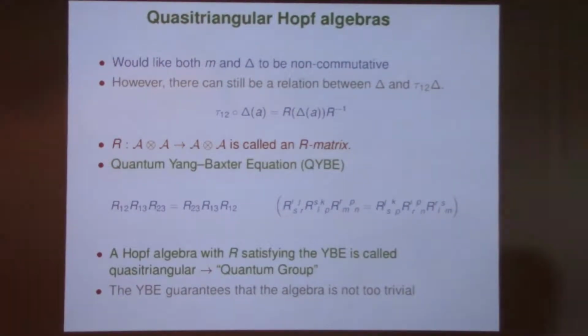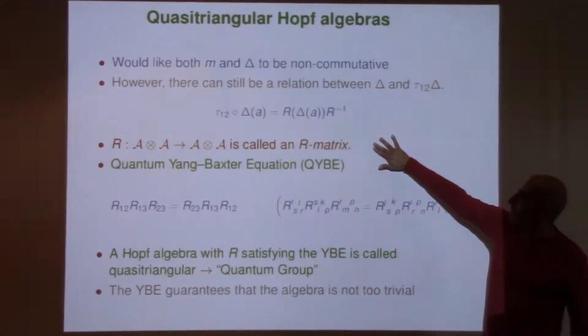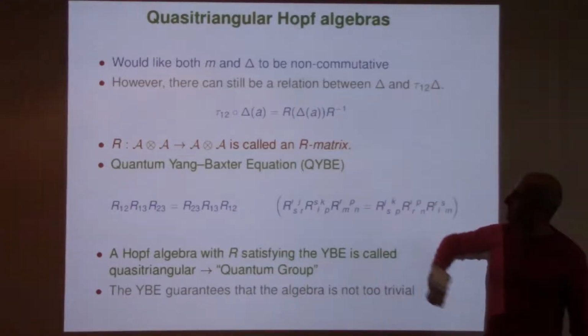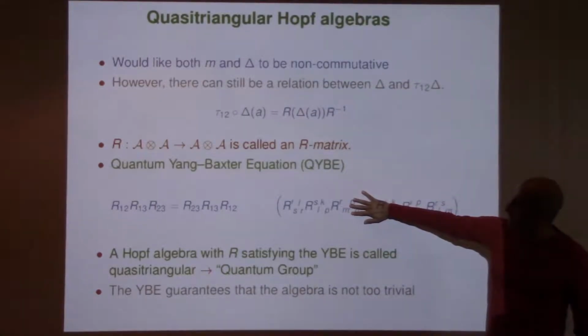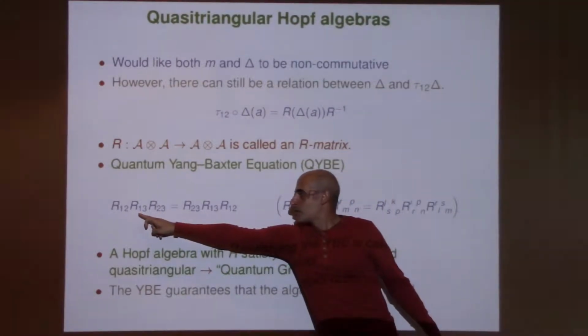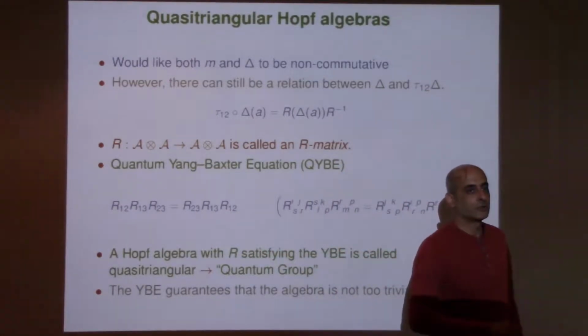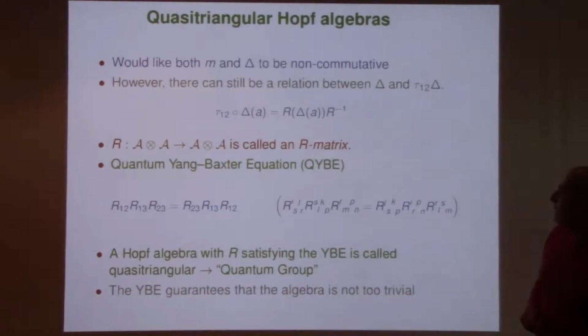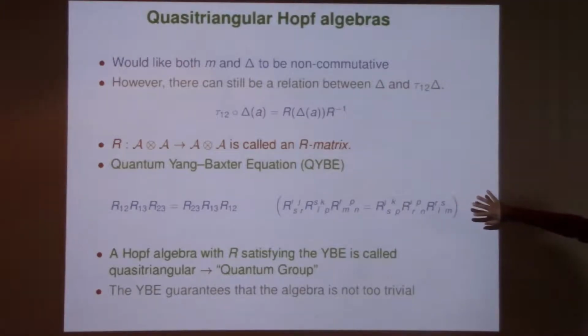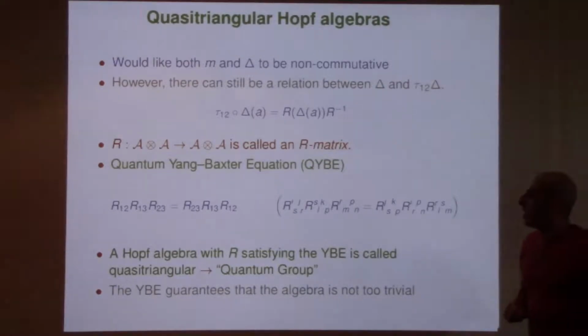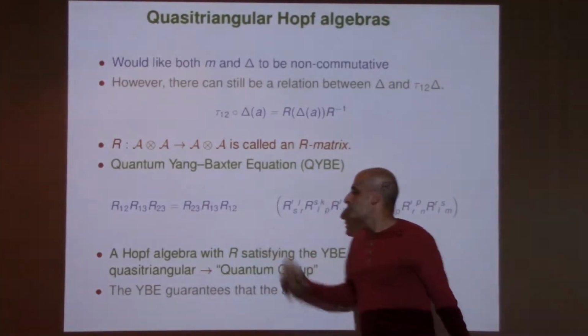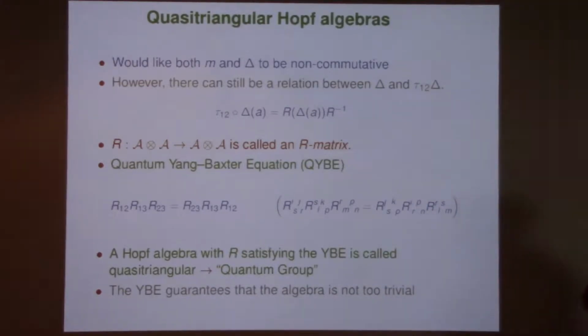And if on top of this, okay, so this is one of the basic requirements, it also satisfies this relation, which I'll have a few more things to say about a bit later, and here I write it in indices for those who don't like this tensor notation, this algebraic notation, then it's known as a quasi-triangular Hopf algebra.